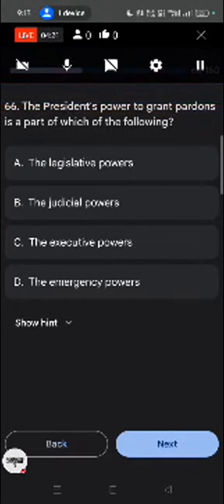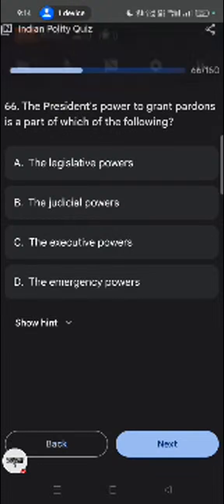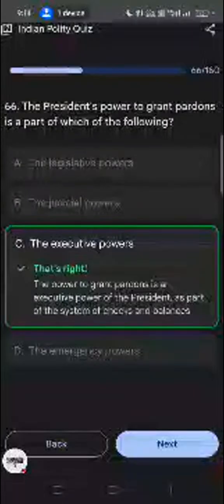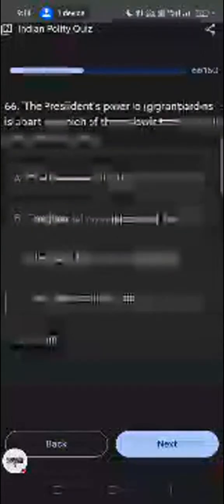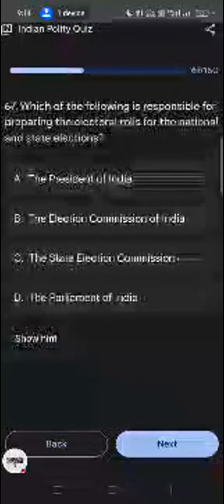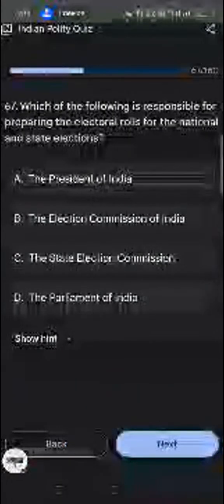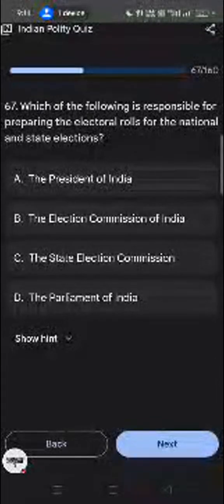The President's power to grant pardon is a part of which power? Legislative power and executive power. Which of the following is responsible for preparing the electoral roll for national and state elections?